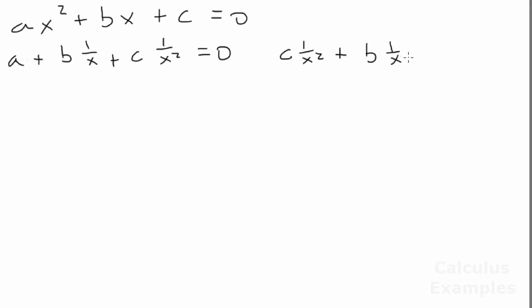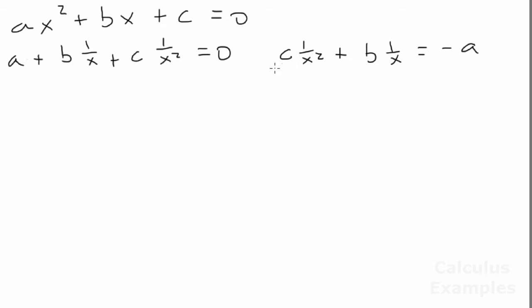So we'll get a + b(1/x) + c(1/x²) = 0. Now we're going to subtract a from both sides, which gives us c(1/x²) + b(1/x) = -a.